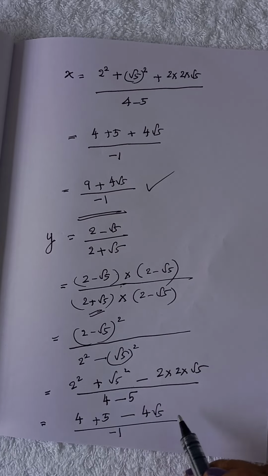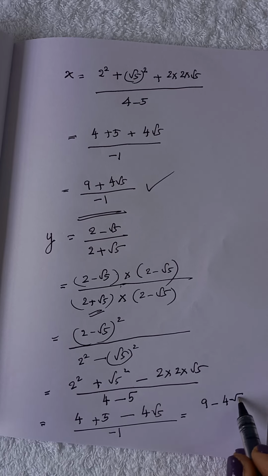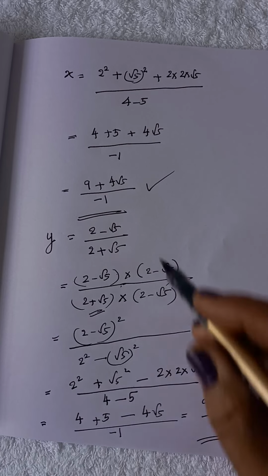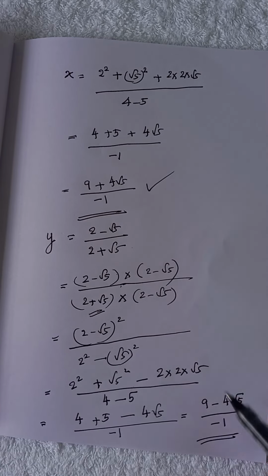That is equal to (9 minus 4 root 5) divided by minus 1. So we got the value of x as (9 plus 4 root 5) by minus 1 and the value of y as (9 minus 4 root 5) divided by minus 1.